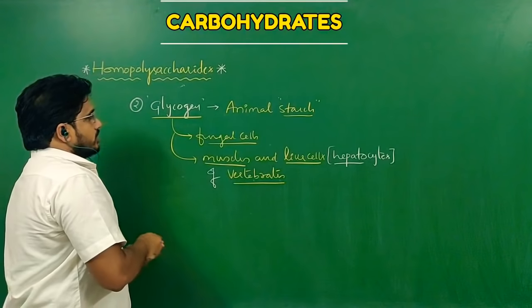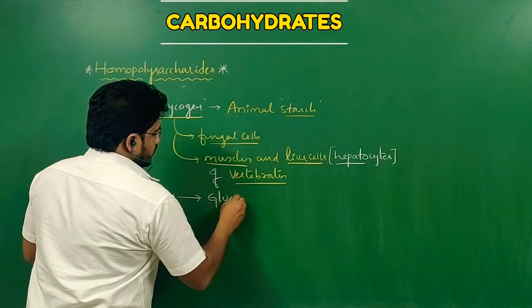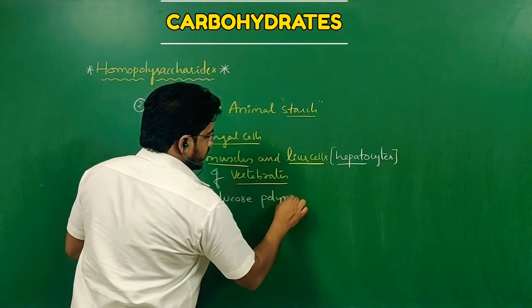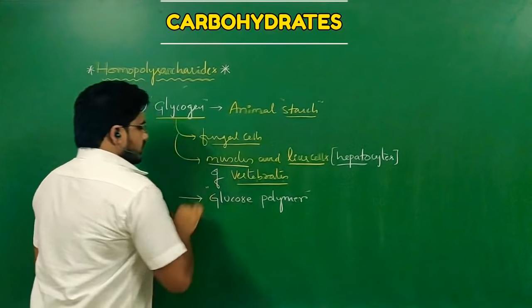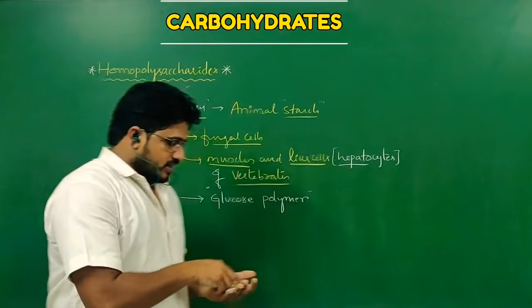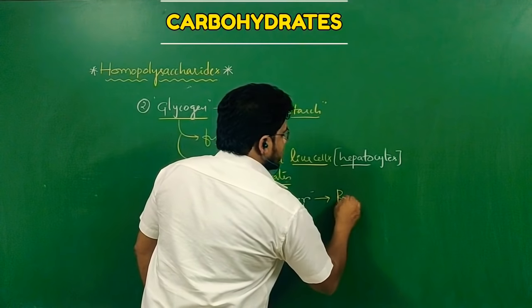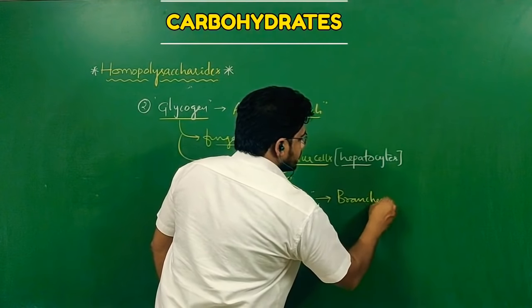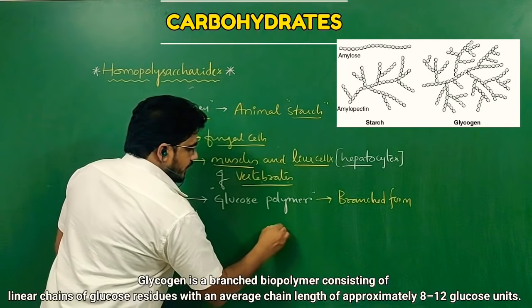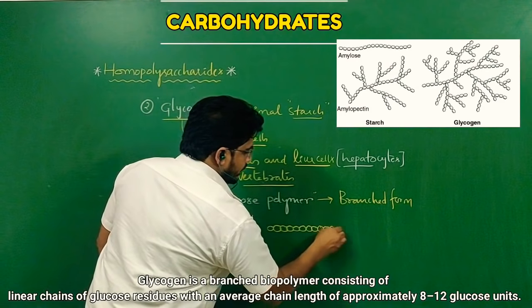Generally, glycogen is made up of glucose, so it is called a glucose polymer. It is highly compact compared to starch. That's why it is also available in branched form. We already saw one branched structure just before, that is amylopectin, right?